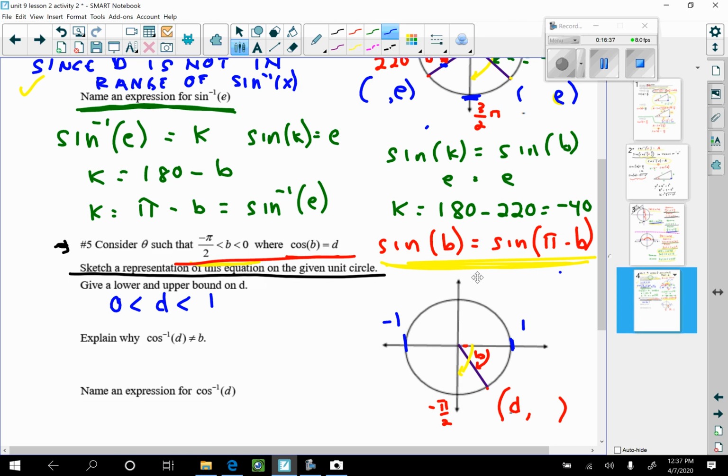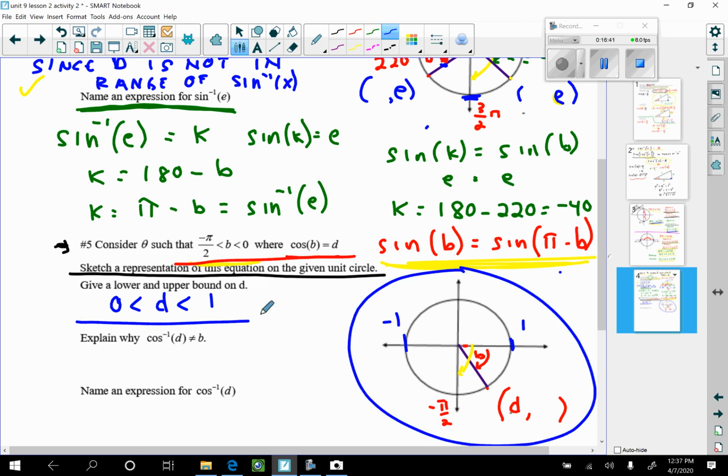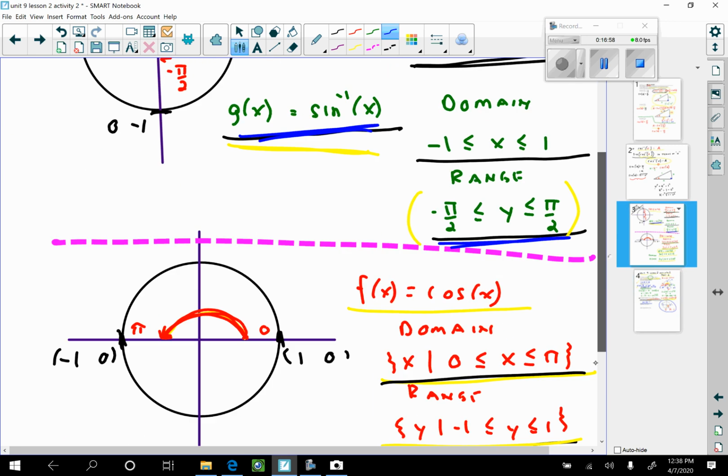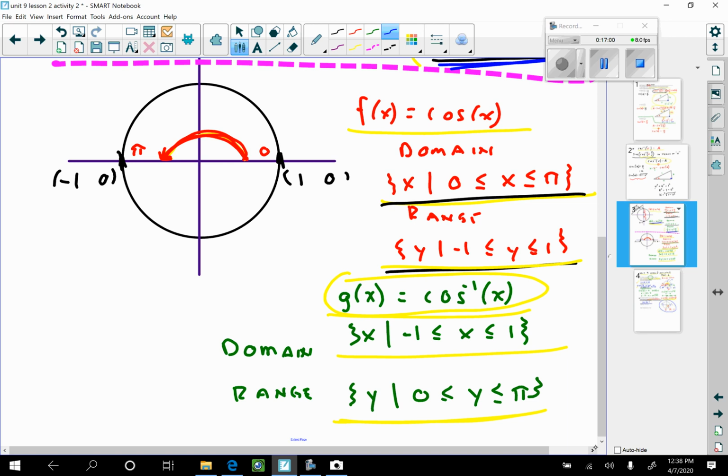Right? I think you can come up with this. I really believe that you can. I have faith in you that you can come up with the bounds of d. And why isn't the inverse cosine of d equal to b? Well, b is between negative pi over 2 and 0. That can't be equal to b because if I look back here, what is the range of inverse cosine? The range is between 0 and pi.